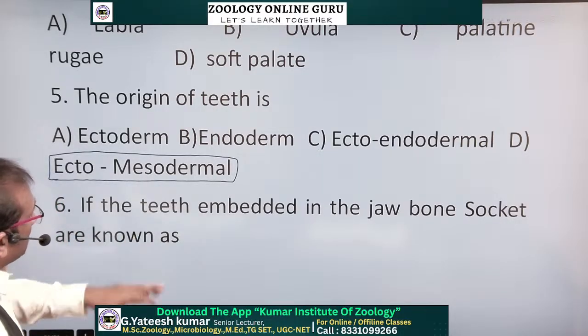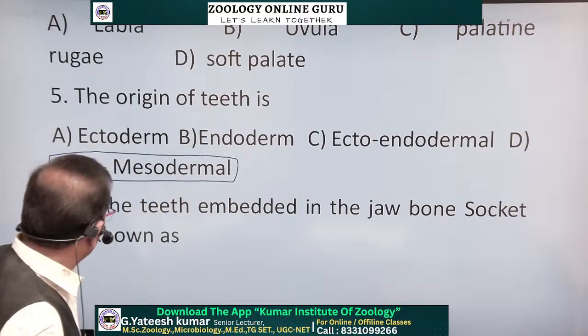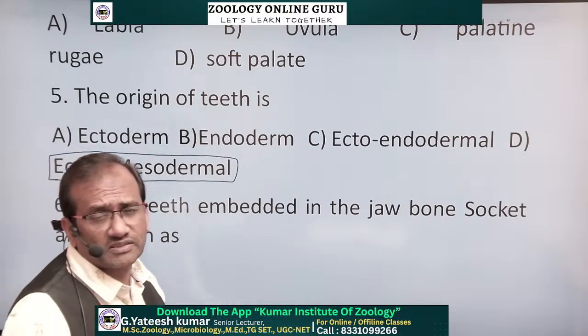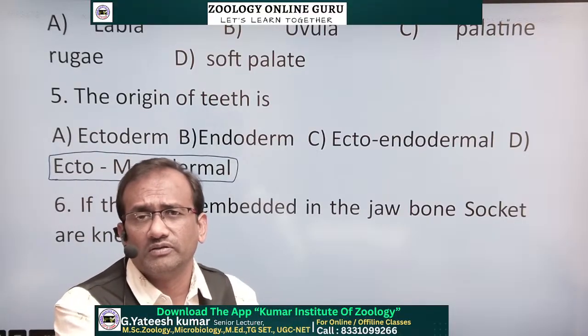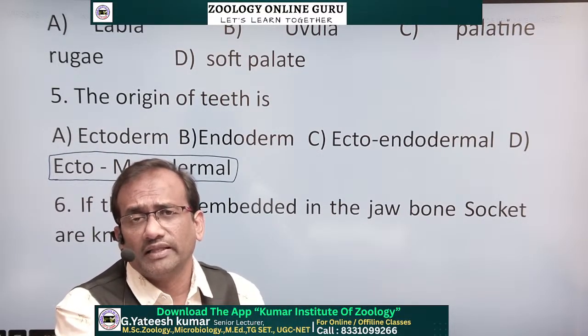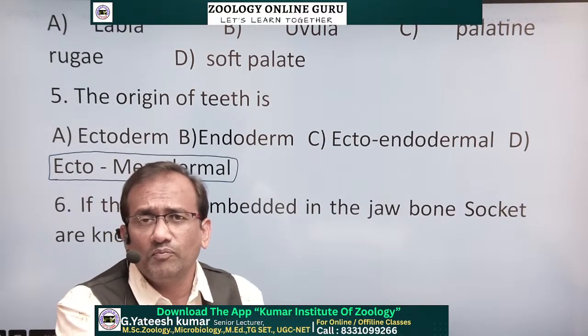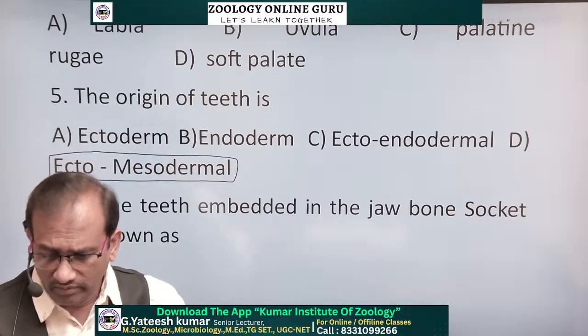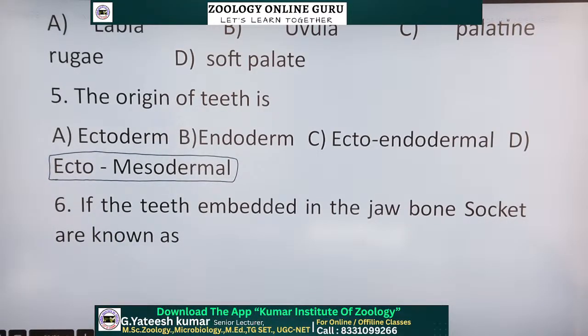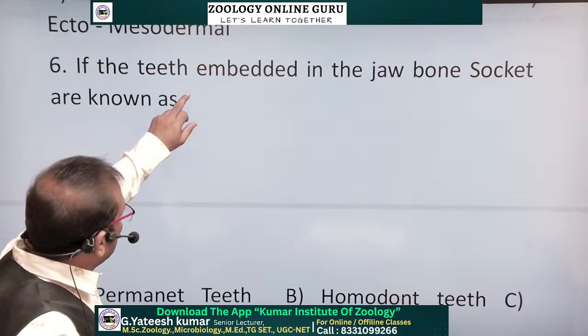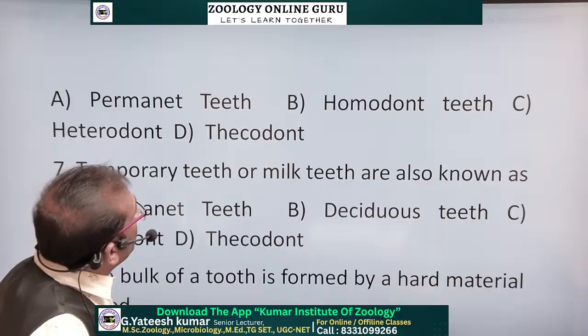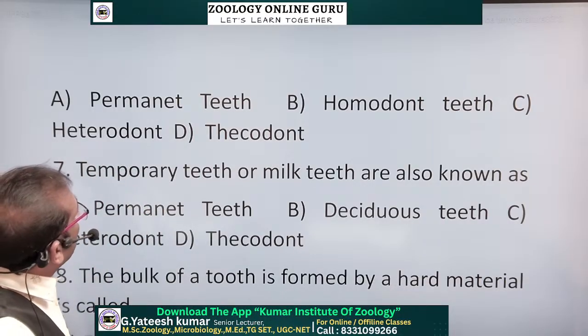Next, teeth embedded in the jawbone socket are known as. Teeth are of different types, as we discussed: diphyodont, thecodont, and deciduous teeth. The options are permanent teeth, homodont teeth, heterodont teeth, and thecodont.